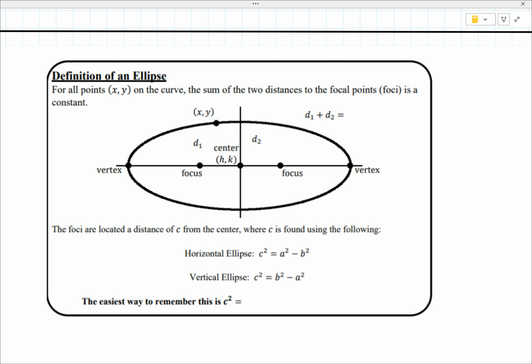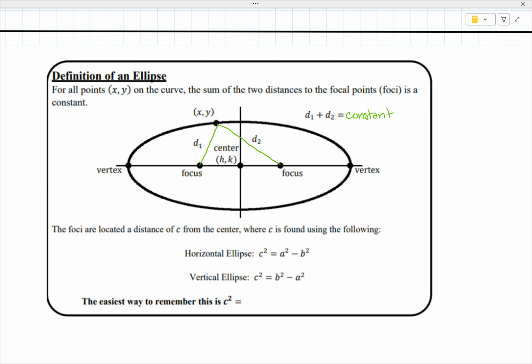So if we add the distances from the two foci, D1 plus D2, that is going to be a constant all the way around drawing the ellipse. If you want to check out, feel free to Google it or go on YouTube, how to draw an ellipse. You can see someone reenacting how to use that to actually draw it if we did it by hand.